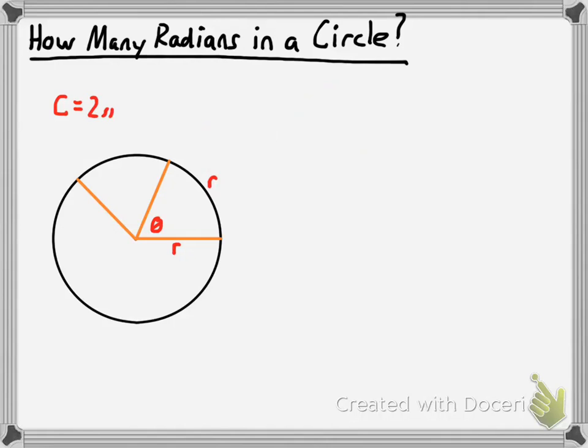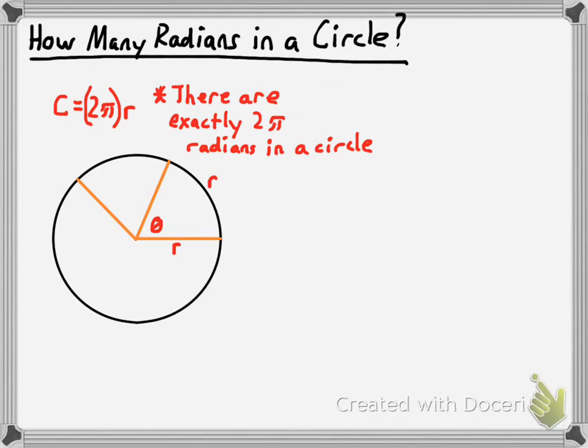You know that the circumference of a circle is equal to 2 pi times the radius in length. Well, that means this quantity right there, 2 pi then, is the number of radii that you could wrap around the circle. And so that also means that's how many radians there are in a circle. There's 360 degrees in a circle. There are 2 pi radians in a circle.